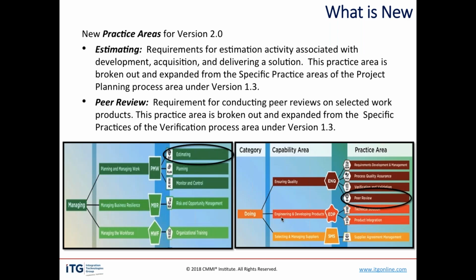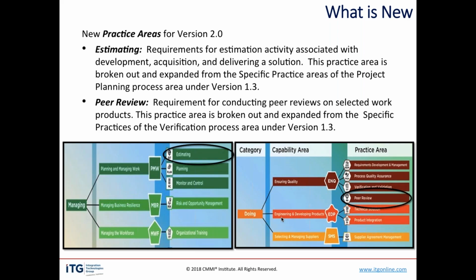Another two new practice areas are estimating and peer review. If you're familiar with the old model and project planning, there was a specific requirement within project planning focusing on how we establish estimates of work. In the new model, that has been broken out into its own practice area.